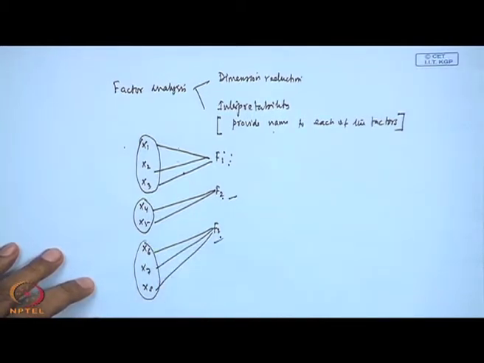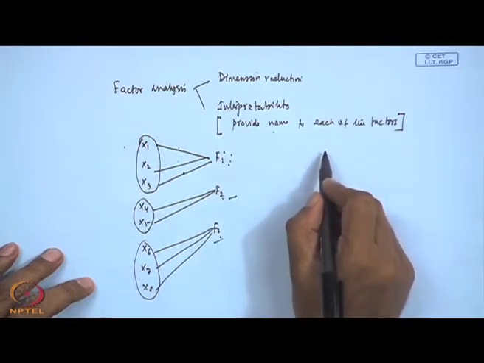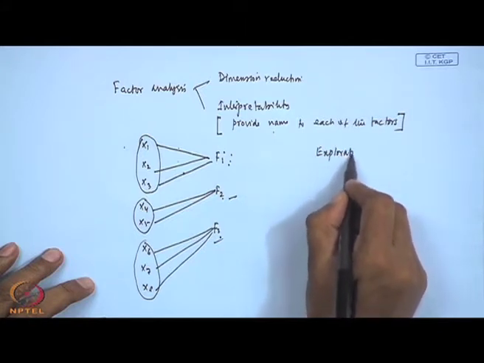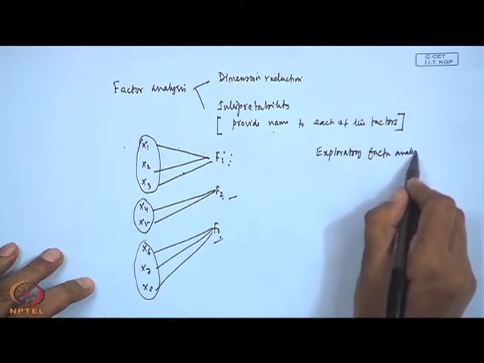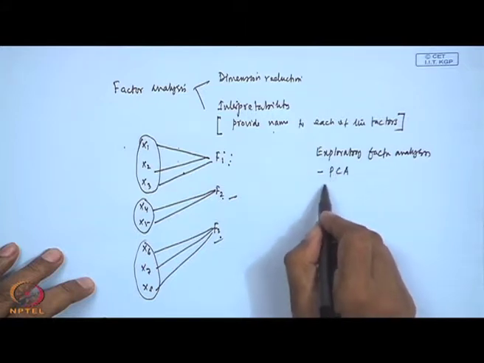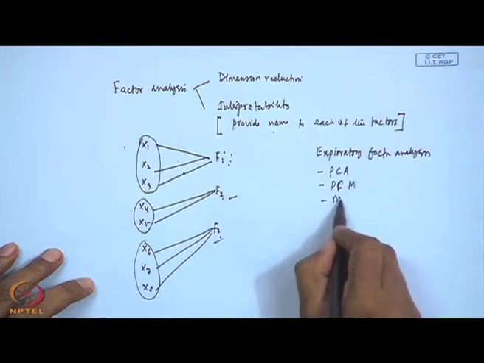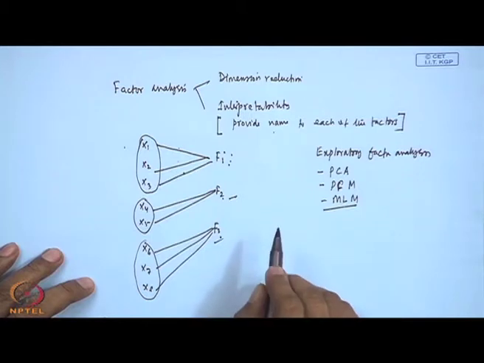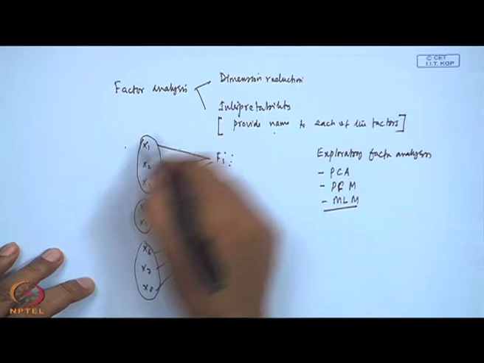Can we get this structure immediately when we conduct exploratory factor analysis the way we have discussed? By any of the methods, maybe your principal component method, your principal factor method, your maximum likelihood method, any one of the methods, you have extracted, estimated the factor model parameters. Are you getting this or not?